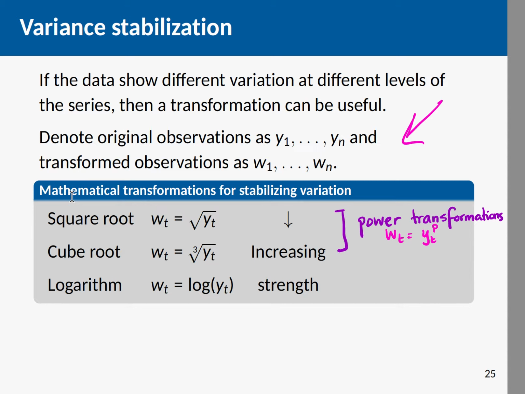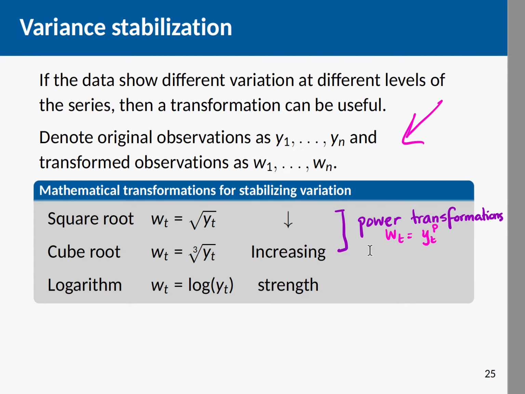Now, the different types of mathematical transformations that are used for stabilizing the variation in a time series are of two types. One is called power transformations, where your transformed series Wt is equal to your original series Yt raised to the power of p, where p is the power.